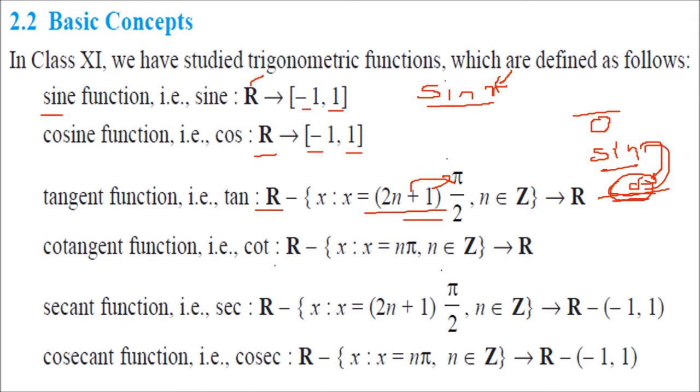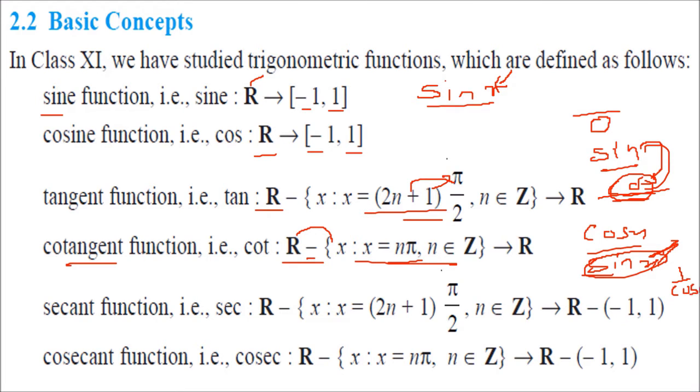Similarly for cotangent, because this is cos by sine, we will never allow sine x to become 0. That means we will not allow x to become n pi. That is why we subtract this value from the whole of R. Secant plays a similar role because secant is nothing but 1 by cos theta.